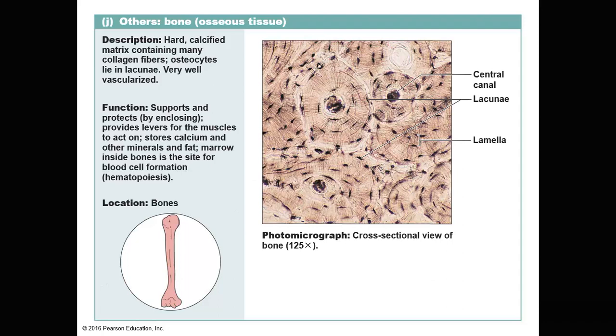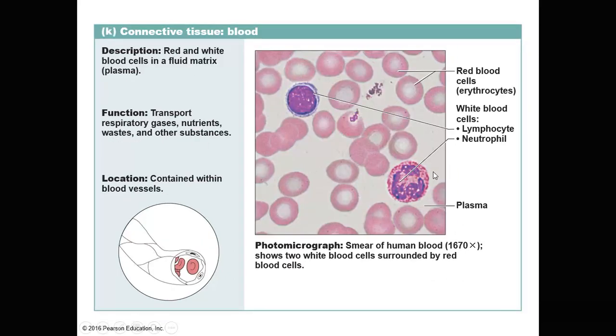Normally there are some platelets, which are just little fragments of cells scattered throughout. This white blood cell is a lymphocyte, and this one is a neutrophil. Description: red and white blood cells in a fluid matrix. Function: transport respiratory gases, nutrients, waste, and other substances, contained within blood vessels.